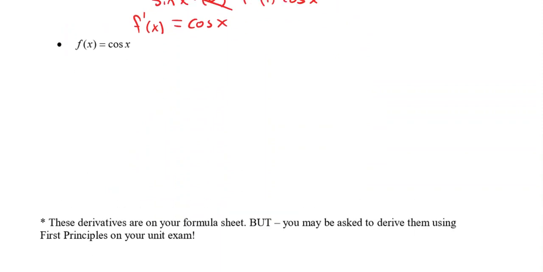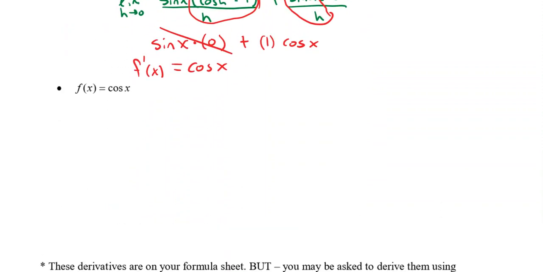All right, so now let's look at cos x. We'll do the same thing here. Say f prime of x is equal to the limit as h approaches 0 of cos of x plus h minus cos x all over h.